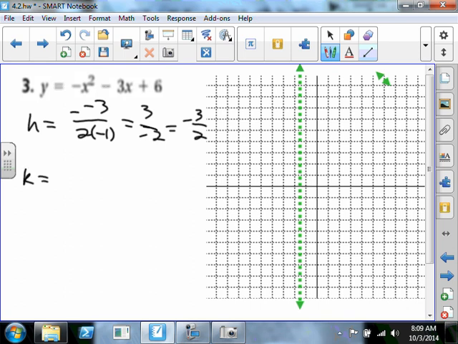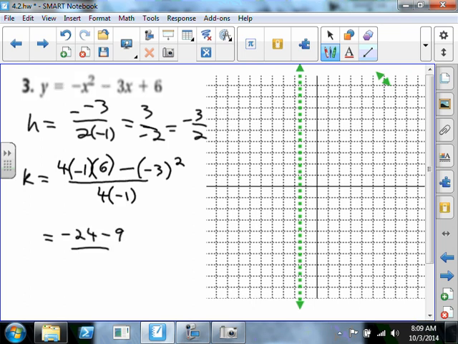So k is going to be, maybe I should use that other formula, the 4ac formula. I'm going to use that for the other coordinate of the vertex. So 4 times negative 1 times 6 minus negative 3 quantity squared, divided by 4 times negative 1. So this is going to be negative 24 minus 9 over negative 4.